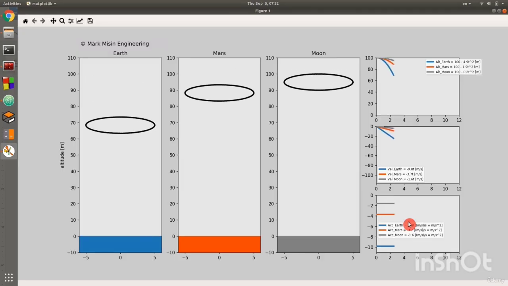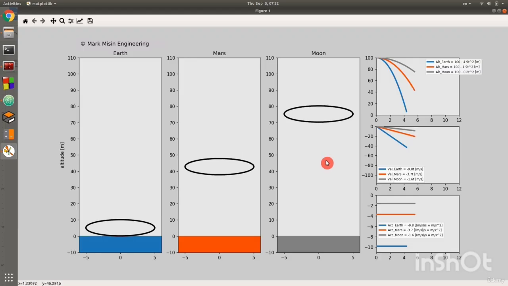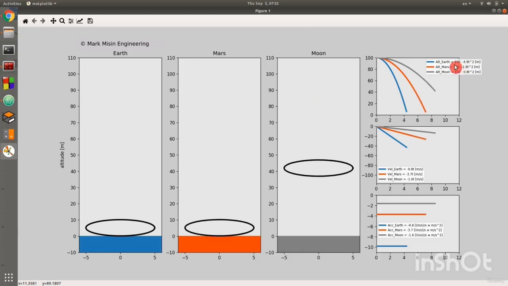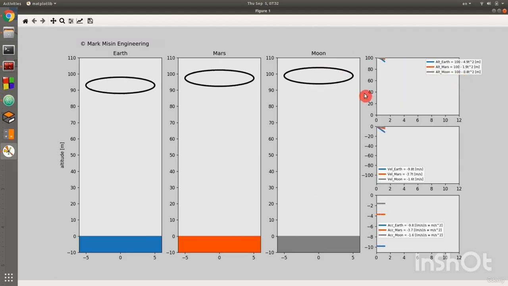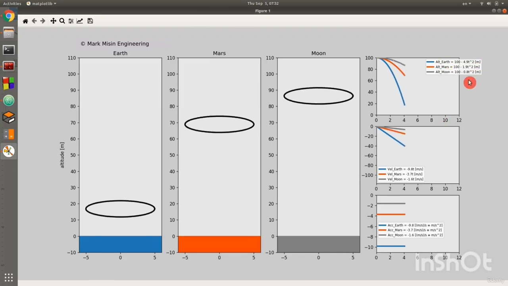Welcome back. This is the solution for the proposed exercise. So what was given at the beginning were these three functions that describe the object's position or the object's altitude as a function of time. And you have the mathematical functions here.